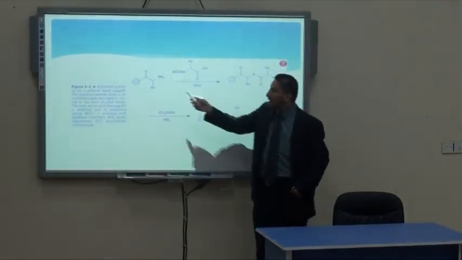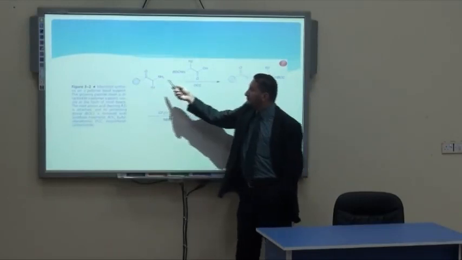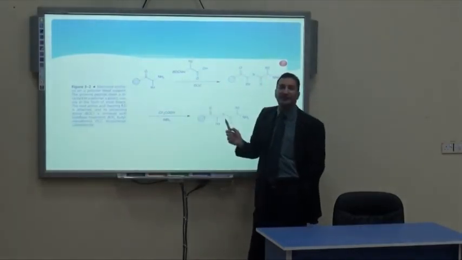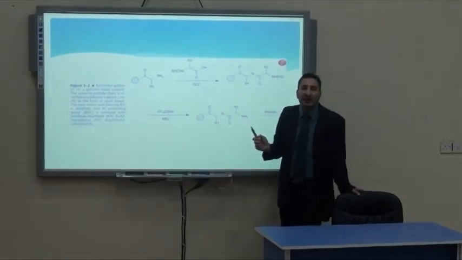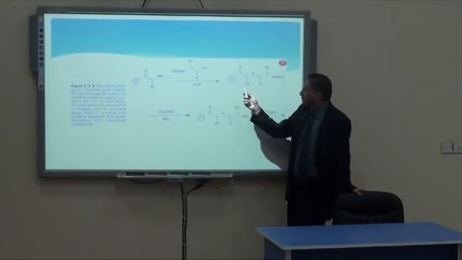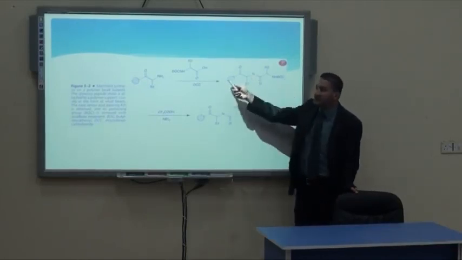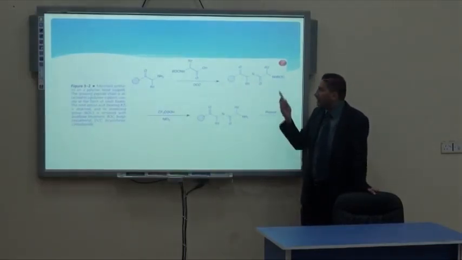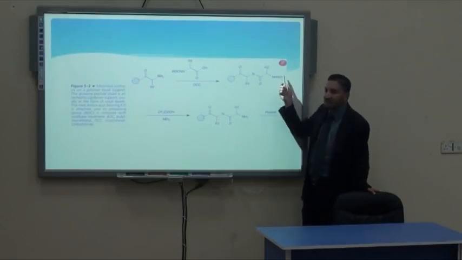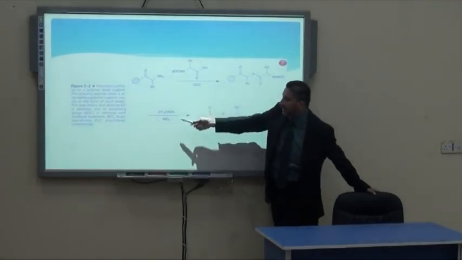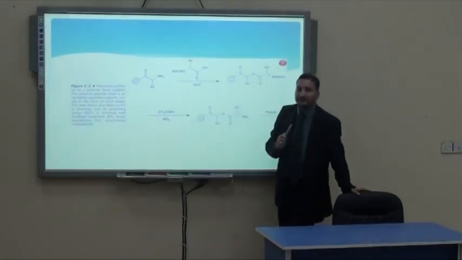The protected carboxyl group reacts with the protected amino group in the presence of DCC, dicyclohexyl carbodiimide, the coupling agent, producing a fully protected dipeptide. Then, second, removal of the amino protecting group by trifluoroacetic acid in the presence of triethylamine.